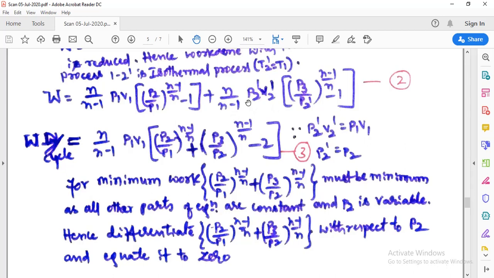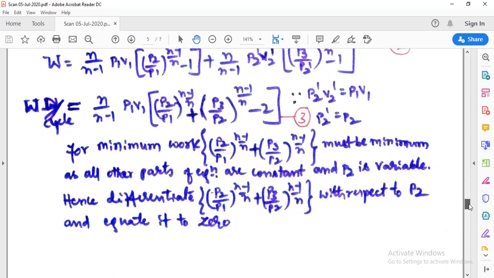So in both the equations we can take the common factor n divided by n minus 1 into P1 V1. In the bracket it is (P2 by P1) whole to the power of (n minus 1) divided by n, plus (P3 by P2) whole to the power of (n minus 1) divided by n, minus 2. This is equation 3.